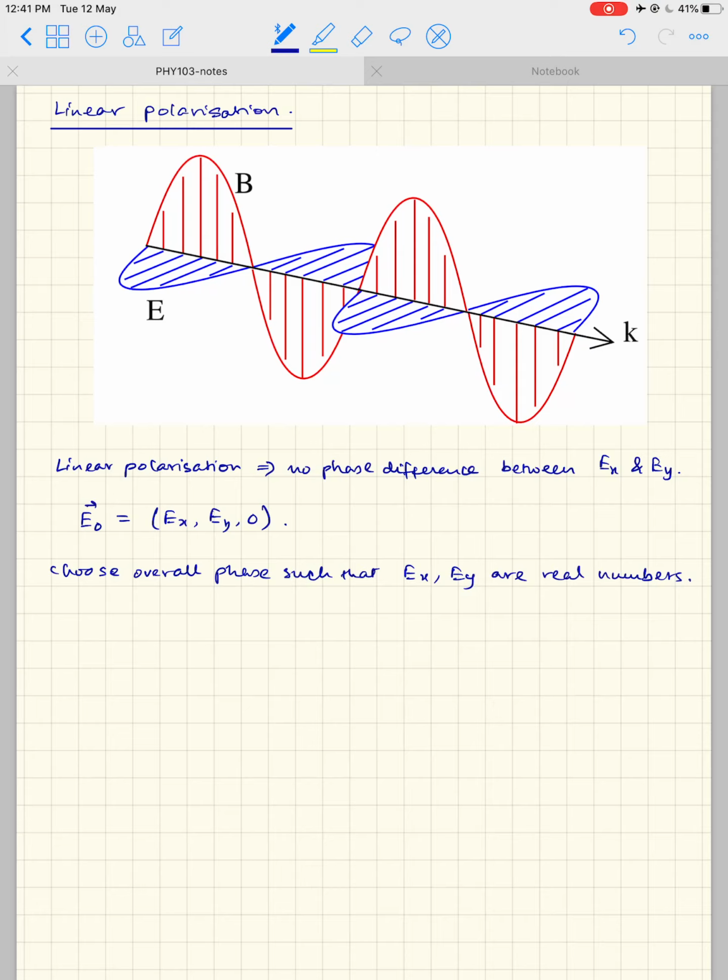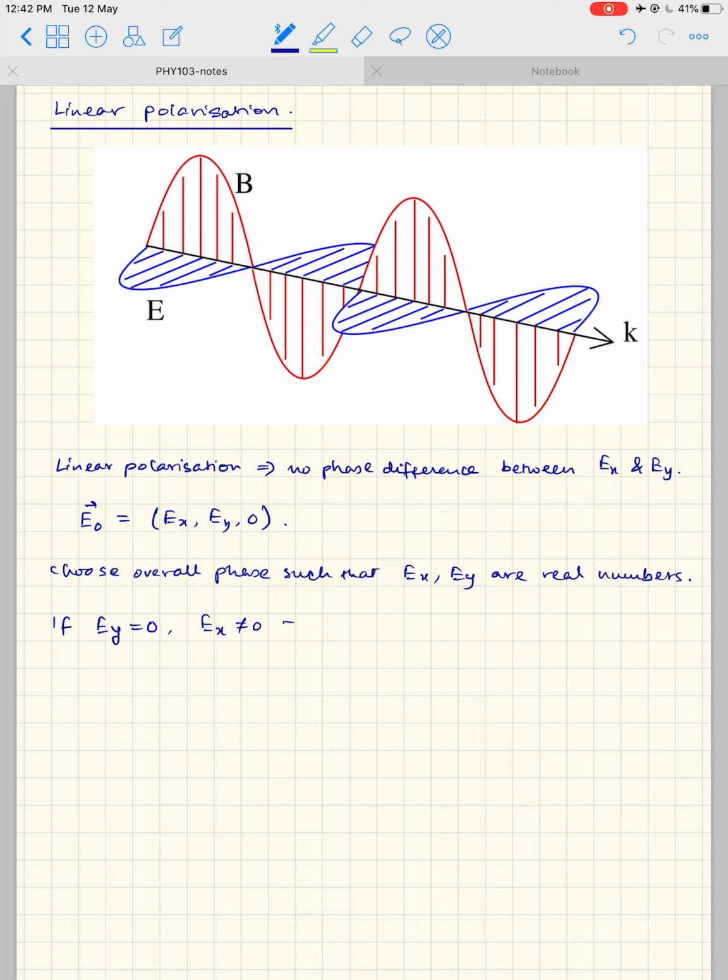Suppose Ey is equal to 0 and Ex is not equal to 0. This is very similar to what we had done last time around.